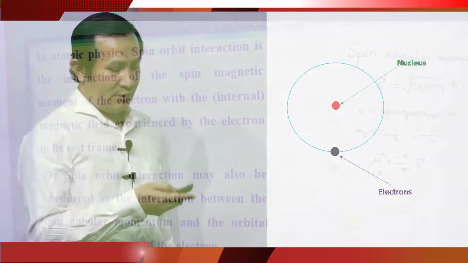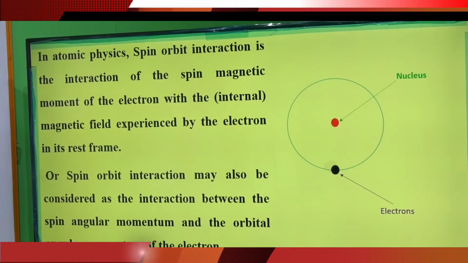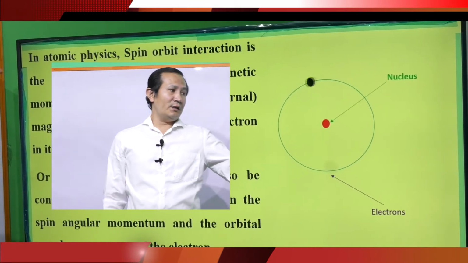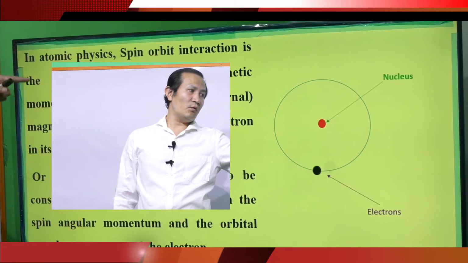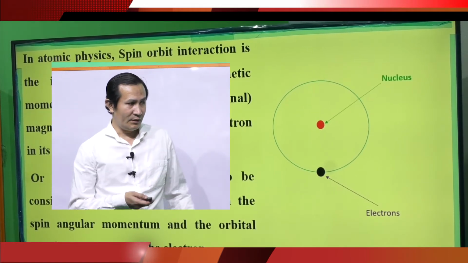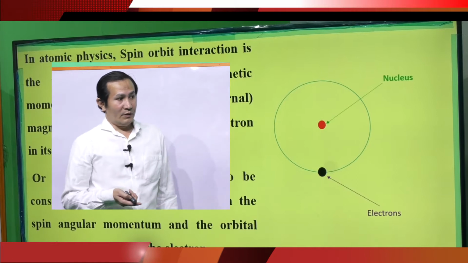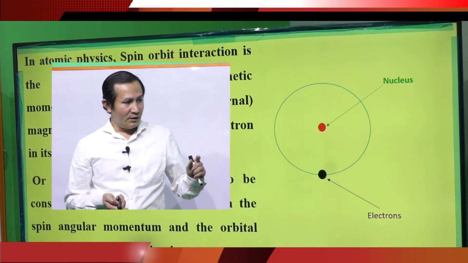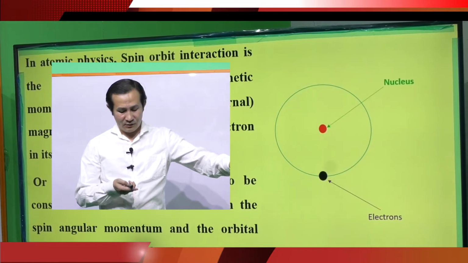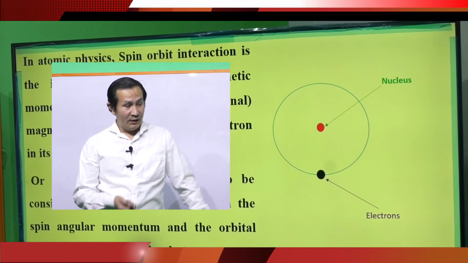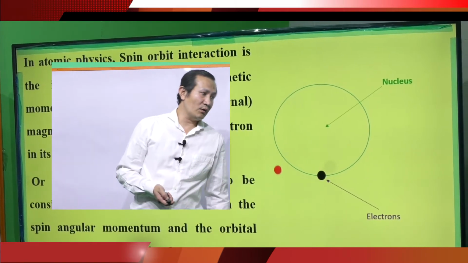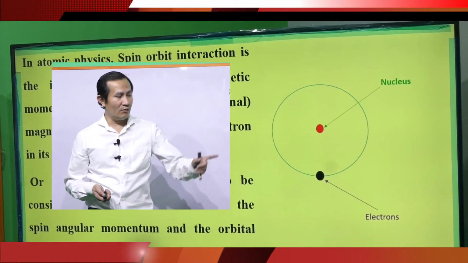In order to understand this physical picture, let us see one thing. In the left frame, the electron revolves around the nucleus, which I have shown here by the red circle. But imagine there is an observer in the electron rest frame. The electron will see the nucleus orbiting in a direction opposite to that of the electron.